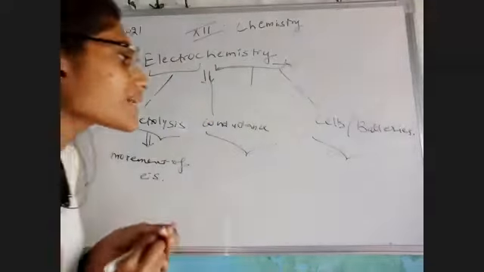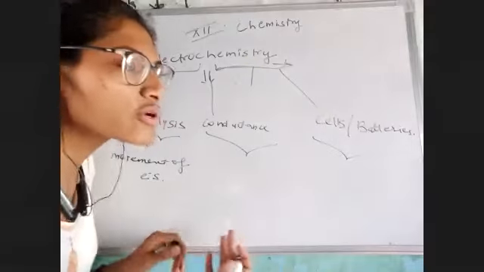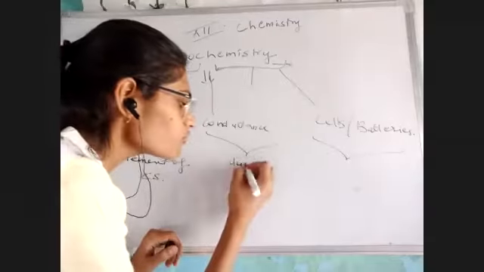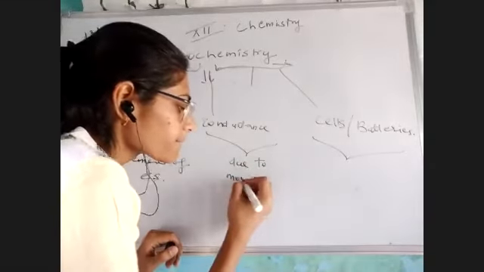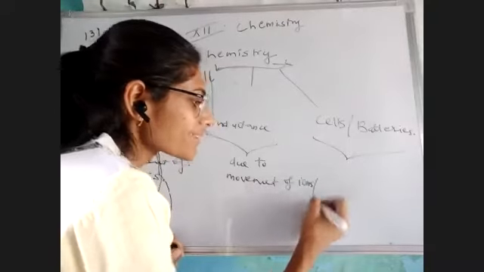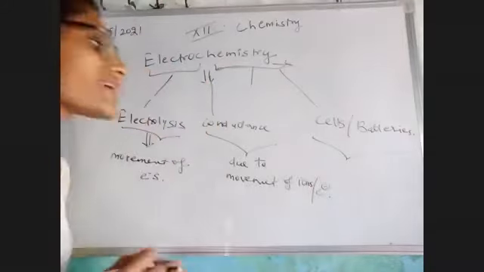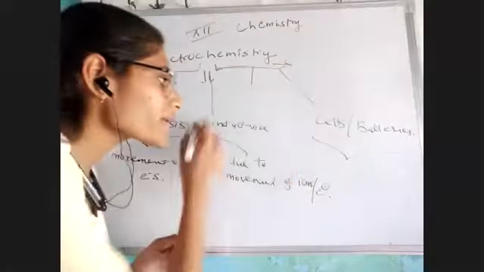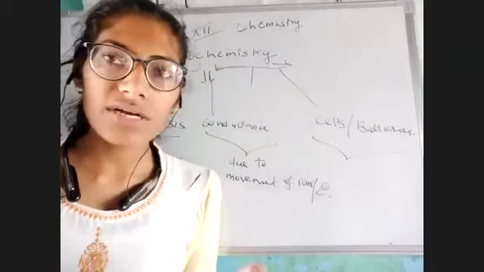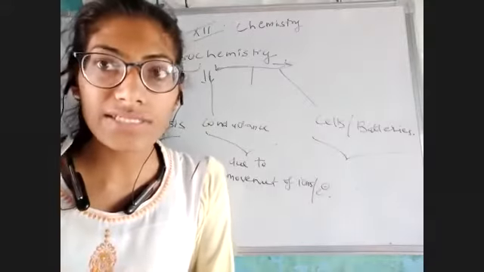Same as it is about conductance, I have told you in the solid state we have studied that conductance is due to movement of ions or electrons. This is known as conductance. This topic is somewhat related to physics also. In physics, we have studied what is conductance, what is resistance.